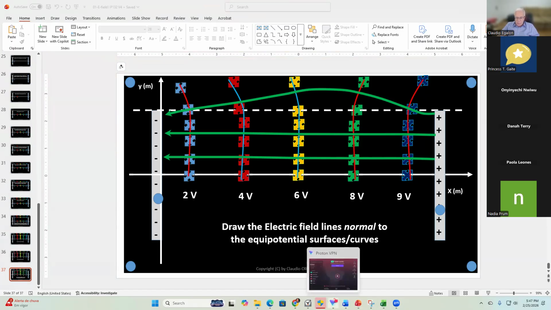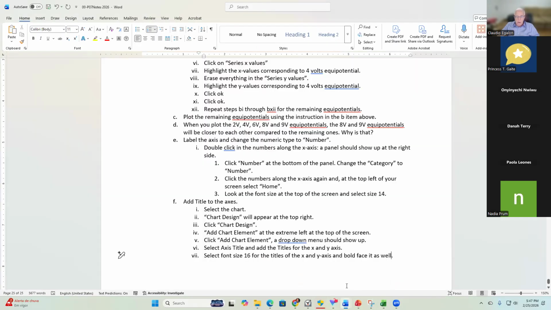Let's write it down. We have 3 more minutes to go. After you plot the equipotential lines, draw an average line connecting each equipotential separately.